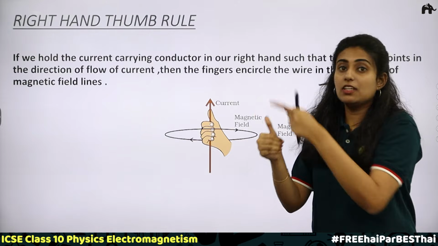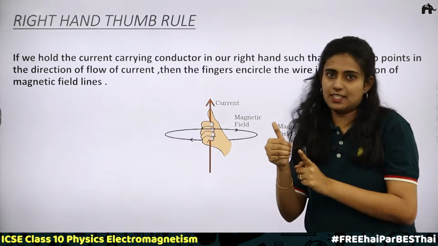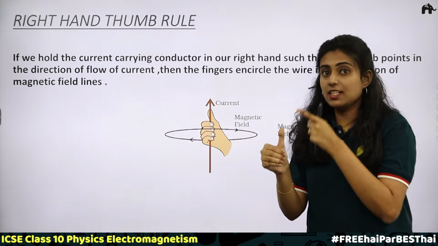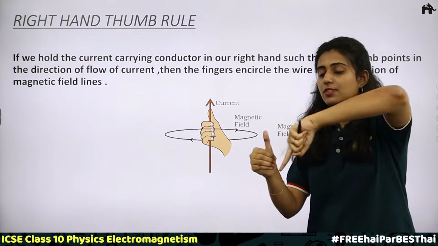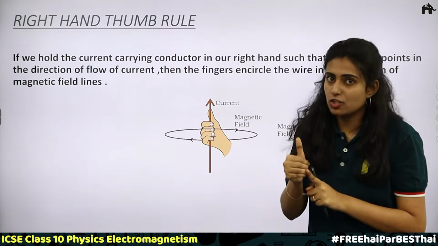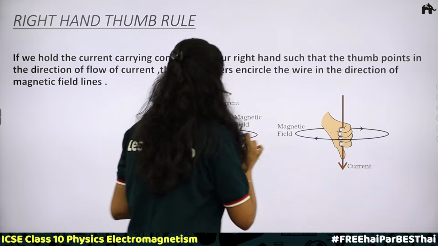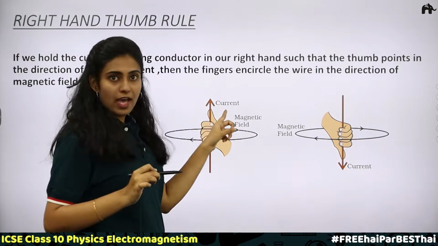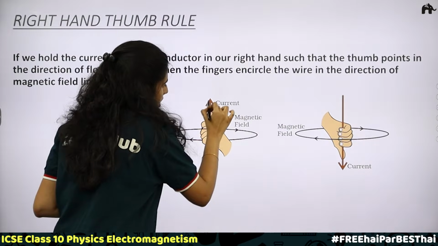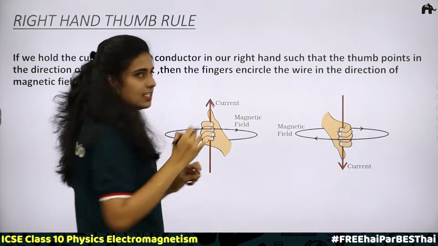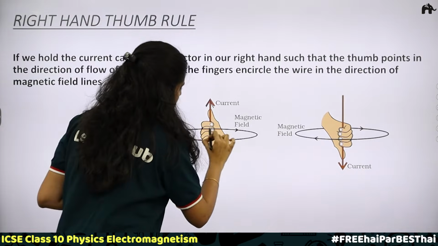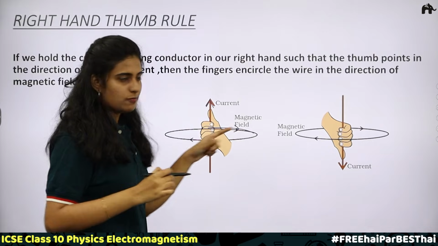So this will give you the direction of magnetic field. So here the thumb points in the direction of current and the fingers which wrap around it show the direction of magnetic field. So here first, if you have the current in the upward direction, this is how current flows in a conductor. So you can see the direction of magnetic field.